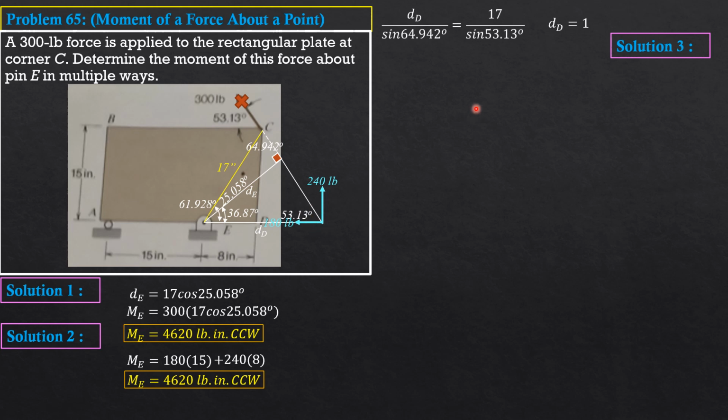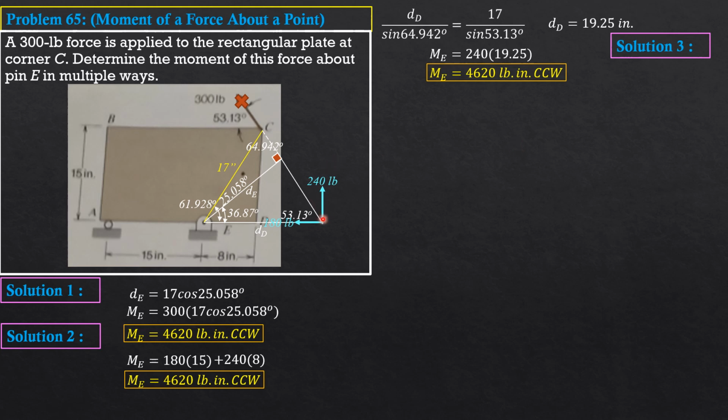So distance D is equal to 19.25 inches. Therefore, the moment of the force is also the sum of the moments of its components. The other component will have zero moment at E. This vertical component has moment which is counterclockwise, 240 times D sub D, which is 19.25. So moment at E is equal to 4620 pound-inch.